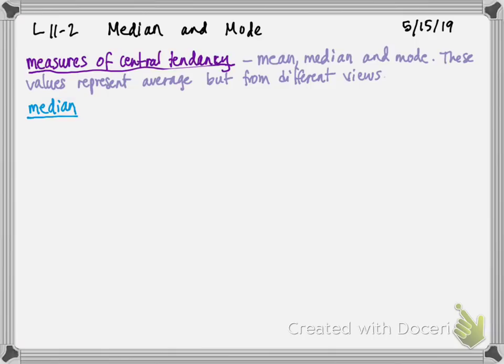And median is the number physically in the middle, but we have to do a little prep work. So I'm going to write over here, middle, or medium, a lot of people think about.